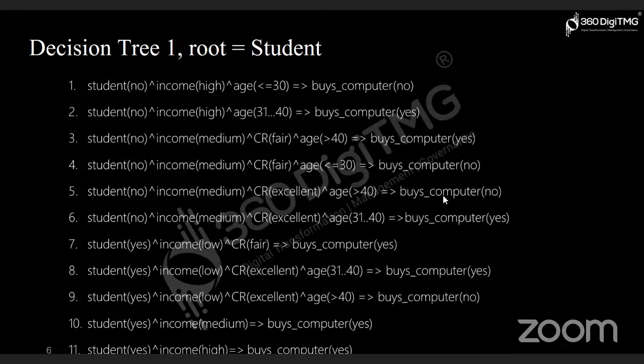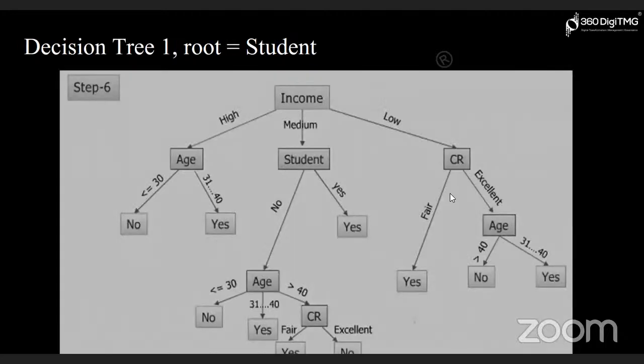So similarly, you can use income. We have seen that income can be of 3 types: low, medium, and high. So we split it based on that. If your income is high and your age is less than 30, then you will not buy a laptop. If it is between 31 and 40, then you will buy a laptop.